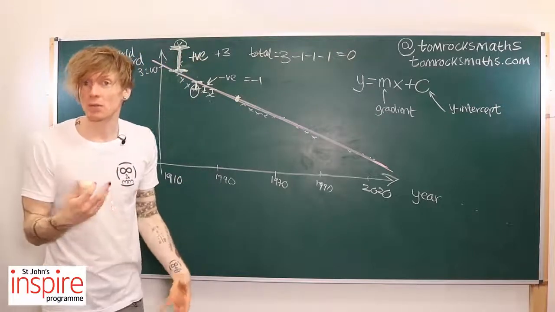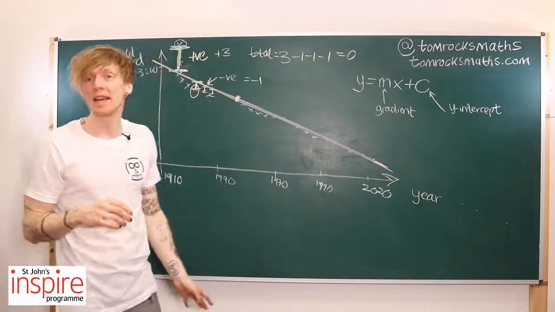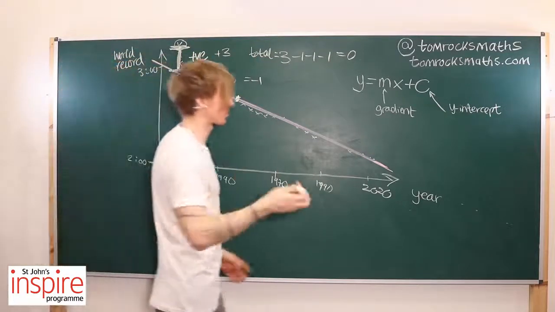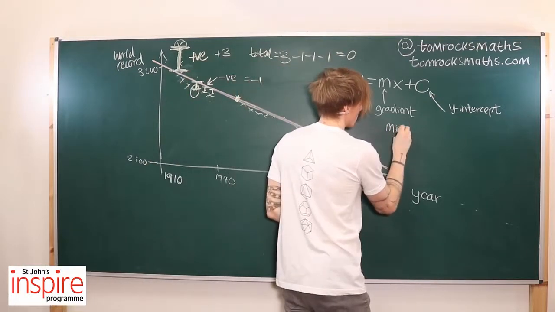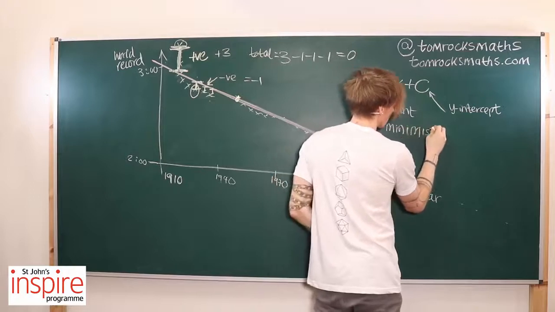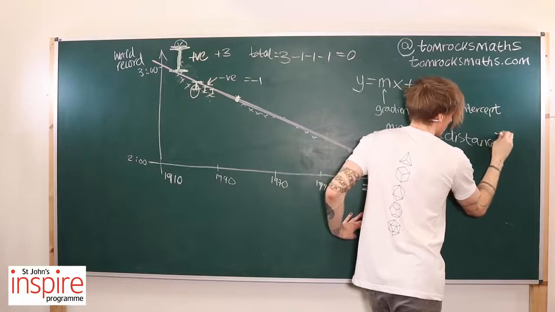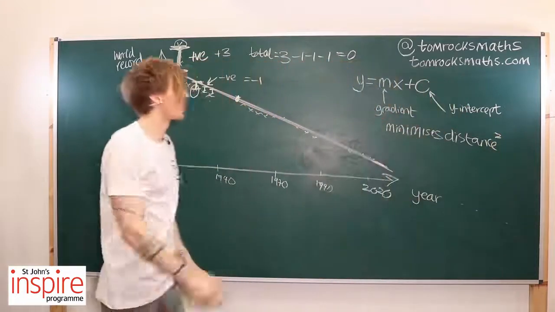So what we actually do, or what a computer does when fitting a line of best fit for you, is it minimizes the distance squared. So it calculates the distance, but then you square them.